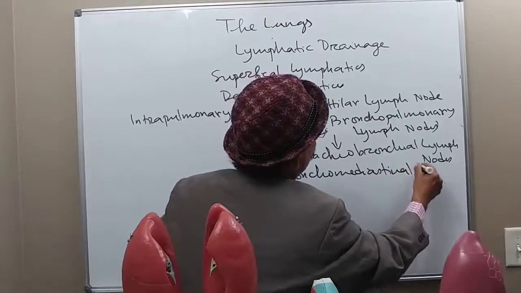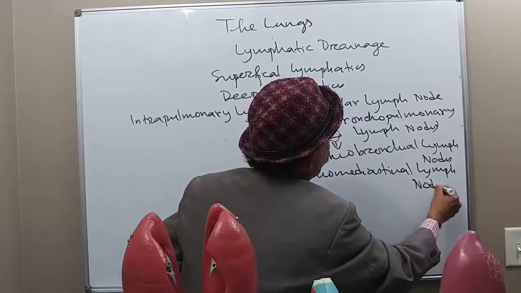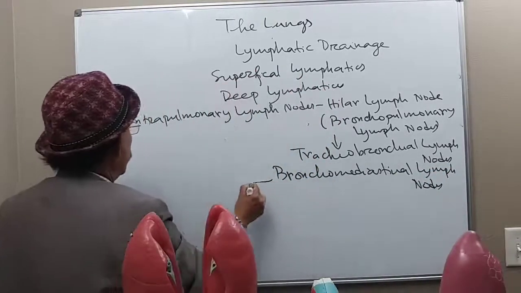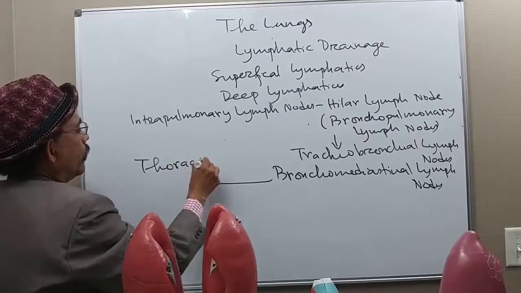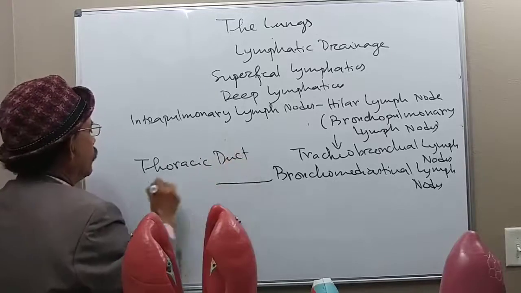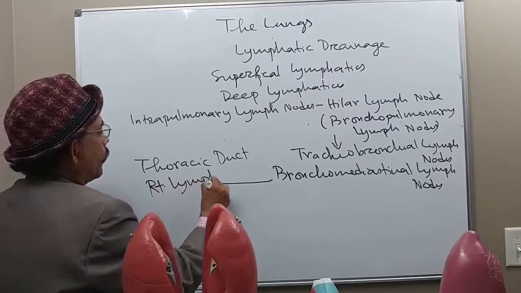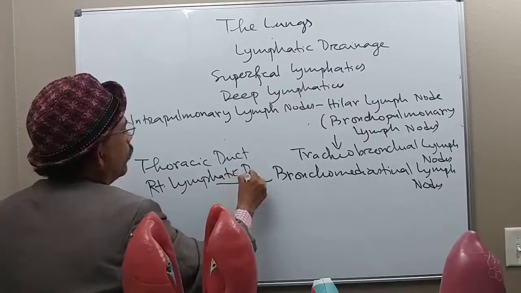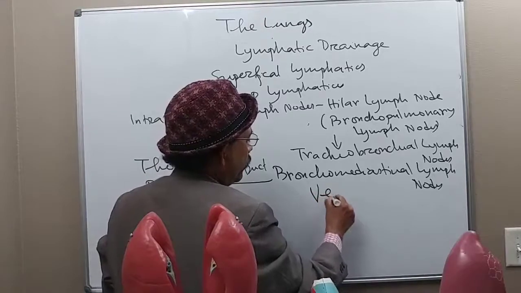Then this will go either to the thoracic duct or to the right lymphatic duct, and ultimately they will open into the vein.